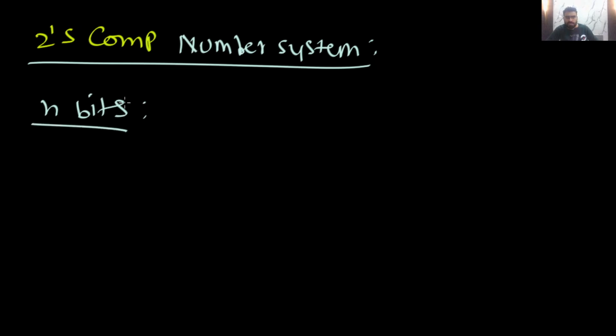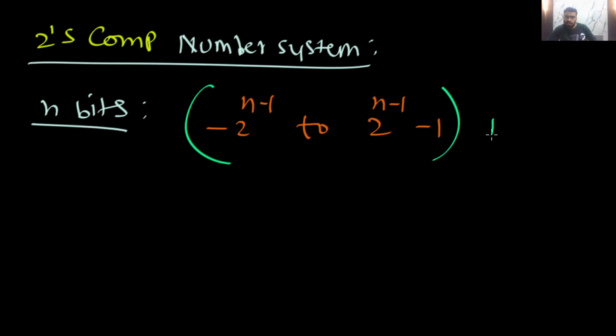Which numbers can you represent in 2's complement using n bits? In n bits, you can represent minus 2 power n minus 1 to 2 power n minus 1, minus 1. This is the range which you can represent.